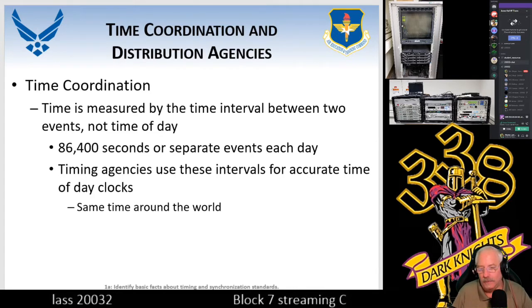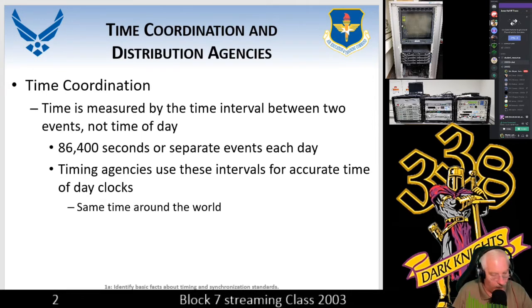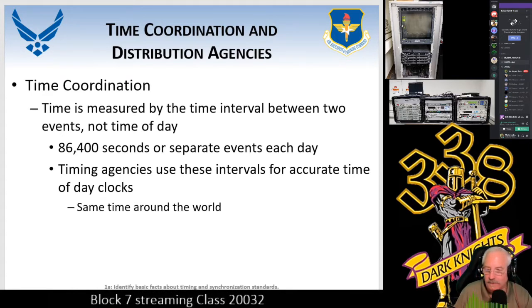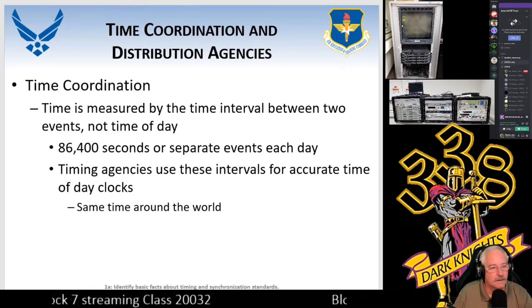Time coordination. So with all this accurate time, we need an agency that's going to generate the reference time for the world. It determines how many events, in our case, 86,400 seconds in a day, and that appears to be the standard for the world.